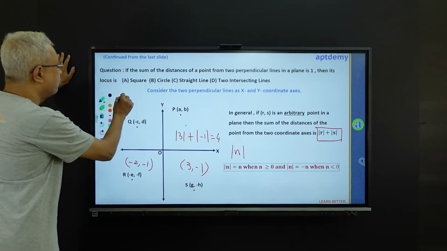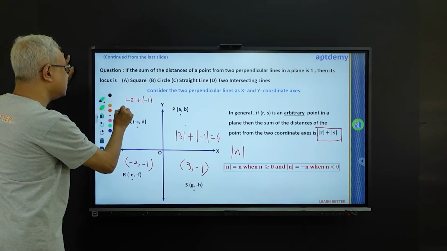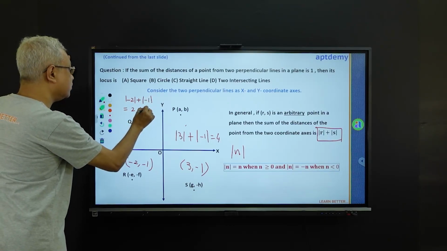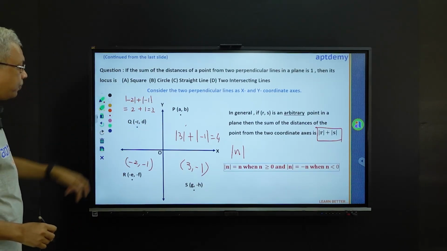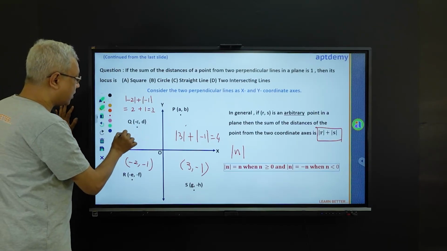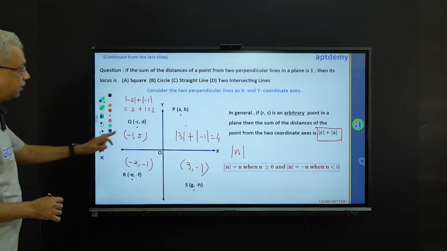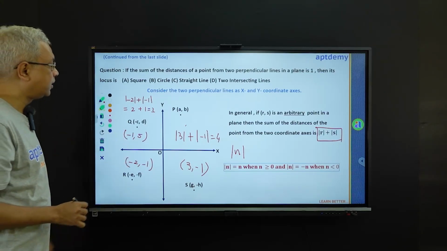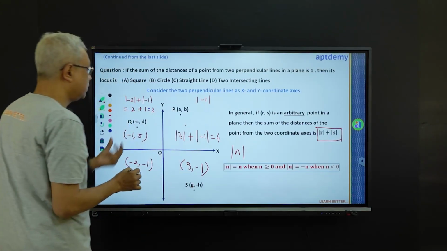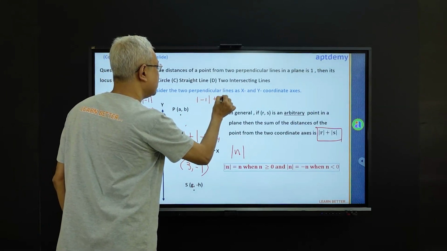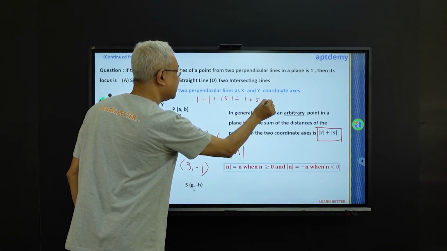It will be mod negative 2 plus mod negative 1, which is 2 plus 1 equal to 3. And when the point lies in the second quadrant, say minus 1, 5, what will be the sum of the distances? It will be mod of negative 1 plus mod 5, so it will be 1 plus 5, 6.